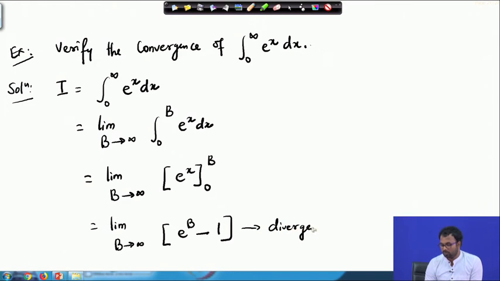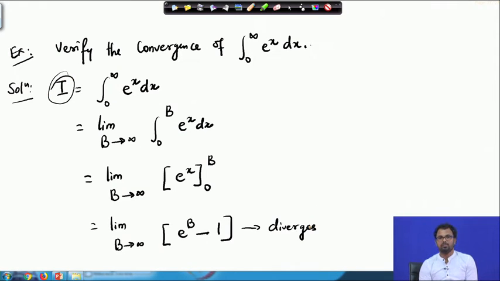So, it diverges. That means this increases beyond all bounds as b goes to infinity. That means this integral I here does not converge to a finite limit.